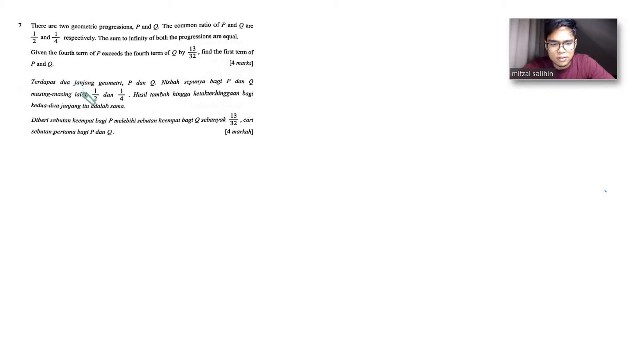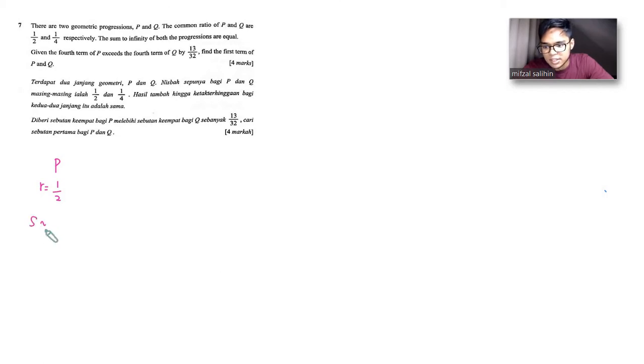Whenever we see this kind of question, the first thing that we have to do is extract each and every one of the information that we can gather. So from here we know that P has a common ratio of 1/2, and we know that the sum to infinity of both progressions are equal.